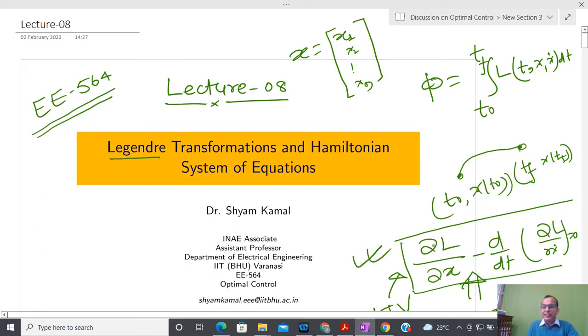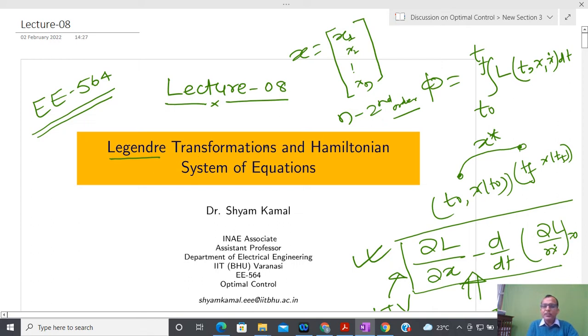After solving this Euler-Lagrange equation with this particular transformation, called the Legendre transformation, we get 2n first order differential equations, because the order of the differential equation is not going to change. In the previous Euler-Lagrange method, I have n number of second order equations. Take a very simple case where both end points are known to us: then I have to solve n second order differential equations.